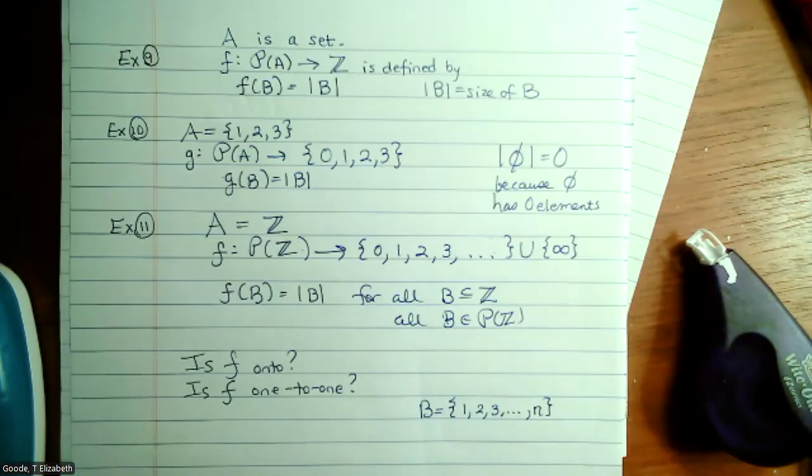So it's onto, and I would assume it's one to one too, because a certain count is only going to have a certain value. Oh, careful.